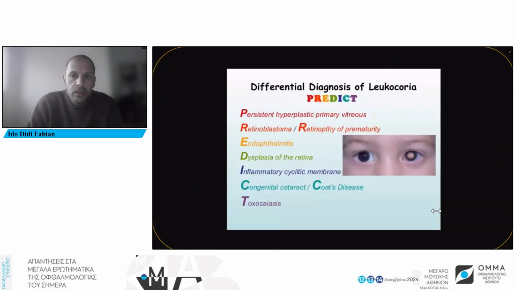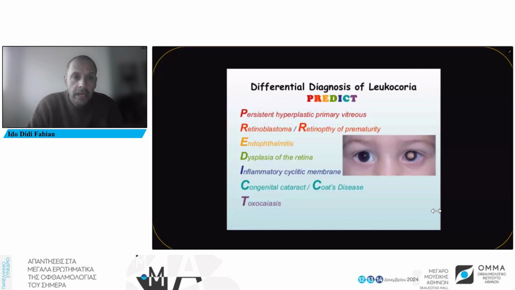There's a long list of differential diagnosis for leukocoria, including several entities. Here's the list. So PHPV, previously, now it's called persistent fetal vasculature, PFV. You have retinoblastoma, which I'll tell you a bit more in detail later during this talk.